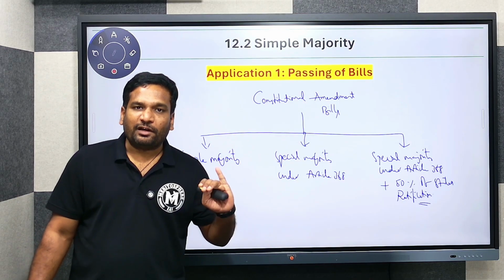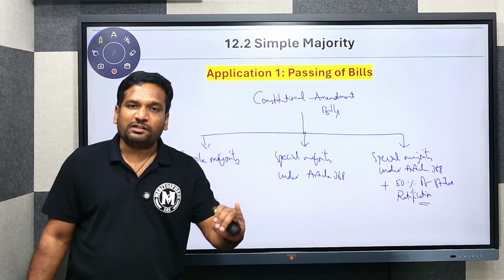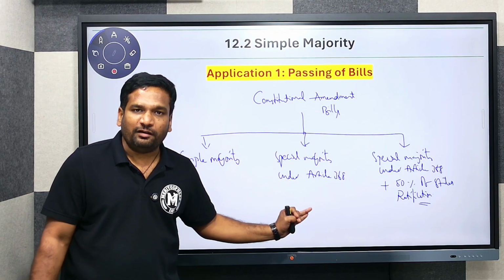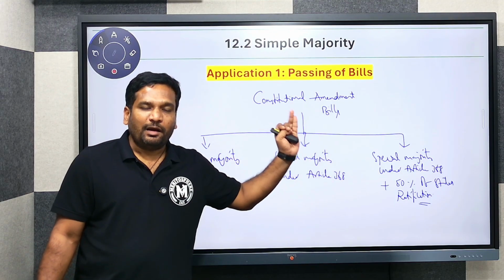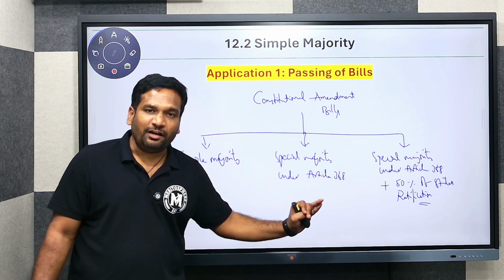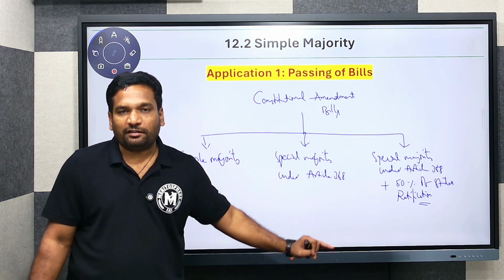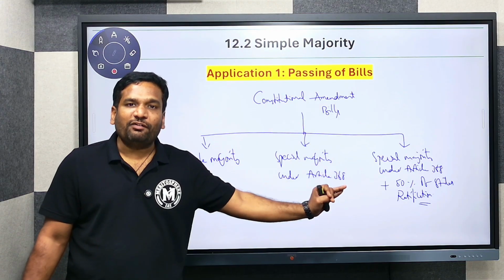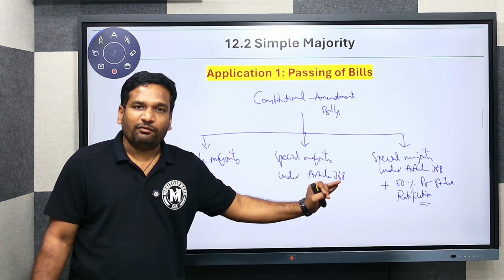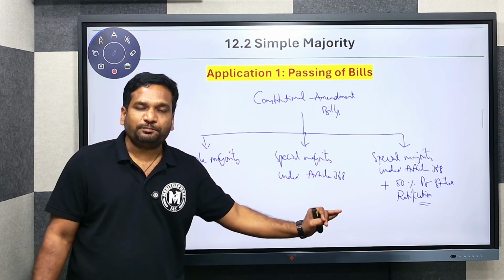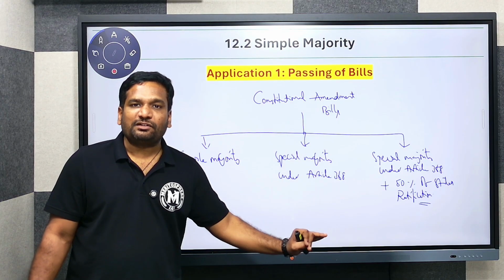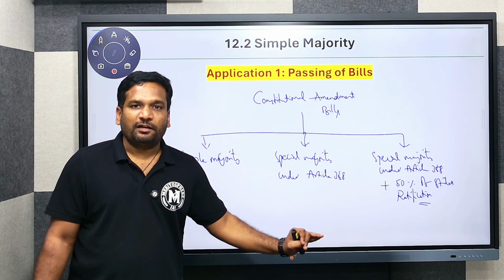They can be passed through simple majority, through special majority under Article 368, and through special majority under 368 plus 50% of the states' consent. There I have mentioned that whenever the federal provisions were affected, whenever the states' interests were affected, then the states' consent is also important. At least 50% of the states must say yes.